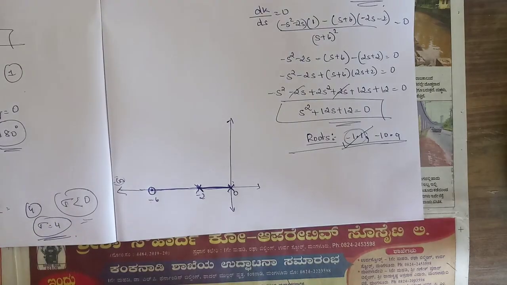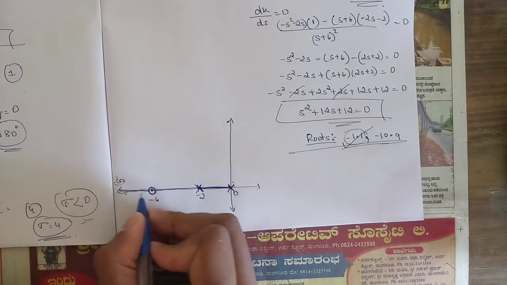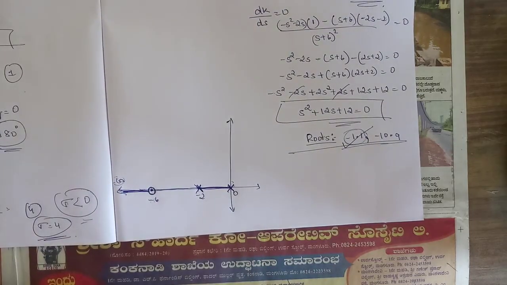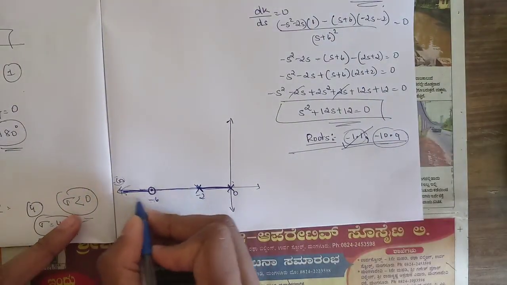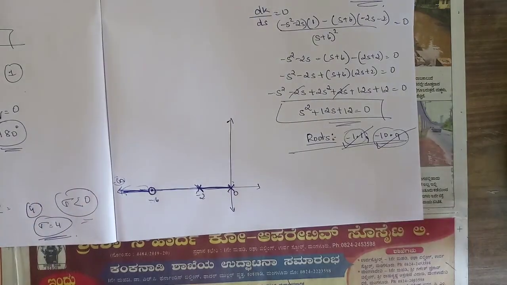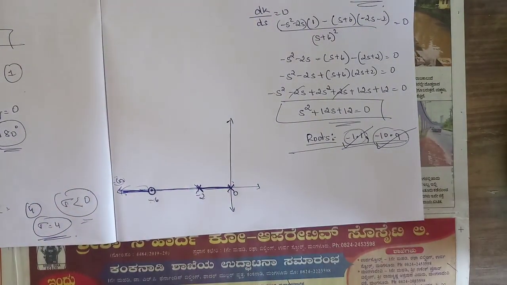If we sum it up, we have 3, again an odd number, so this whole part from the zero at minus 6 to infinity is part of the root locus. So this minus 10.9 lies in this region, and this is also a valid breakaway point. So these two roots are obtained, and both are valid breakaway points.